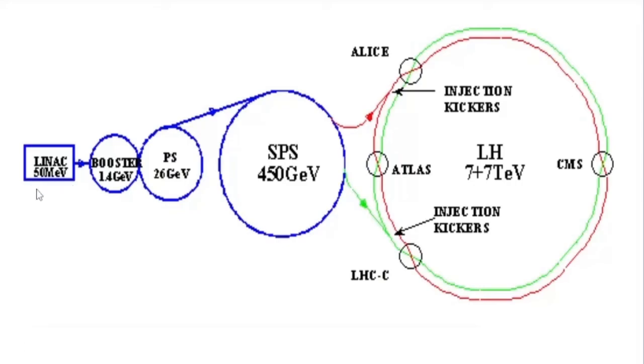So what the LHC does is it smashes protons at 99.9% the speed of light. This is achieved in stages. Stage 1, in LINAC, the hydrogen atoms are stripped of their electrons and they are accelerated to about 1/3 the speed of light.